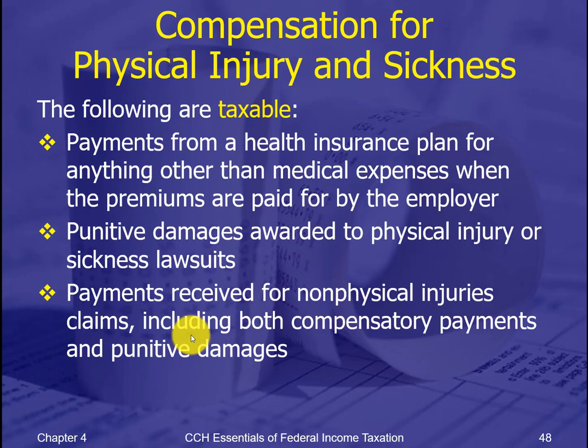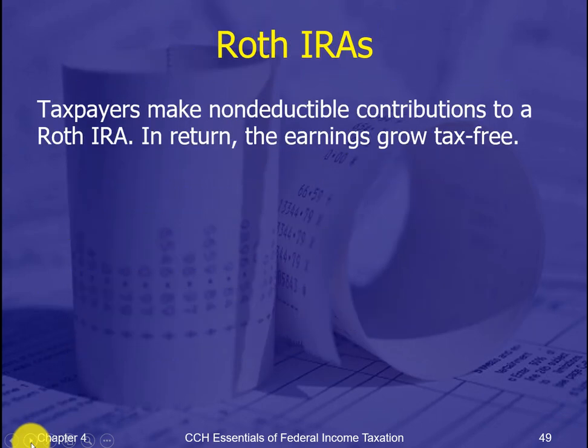That would be an actual physical diagnosis, and therefore if they reimbursed you for those payments, that would not be included in income. But for the most part, non-physical injury compensation is included in your income.